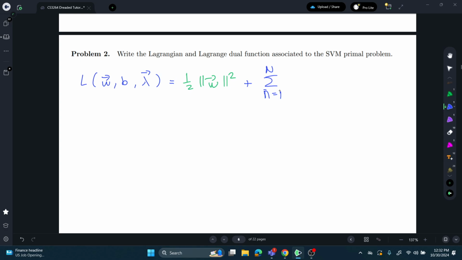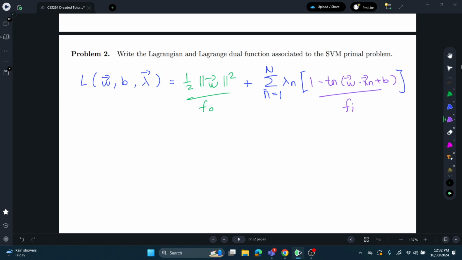That's why I will loop through from n equals 1 up to capital N. I will multiply this by lambda_n, multiplied by whatever the value of the f_i is. So this will be 1 minus t_n (w dot x_n plus b). Okay, just to reiterate, this is our objective function. This is our inequality constraint. Okay, so similar thing as what we saw last week. Any questions? This is just the Lagrangian.